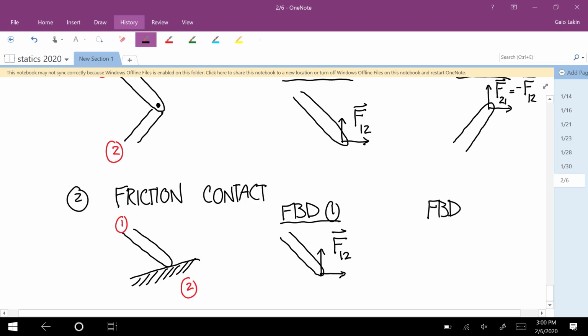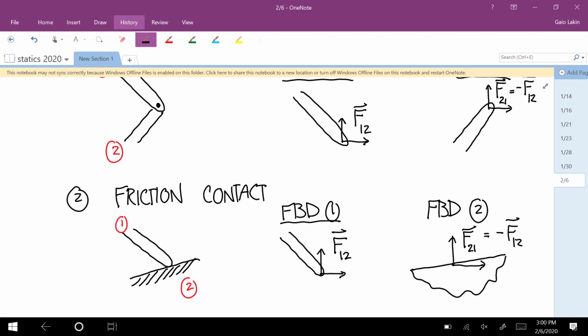And a free body diagram of 2, the unknown force is the force on 2 by 1, and Newton's third law says that's negative F12. Any questions about those?